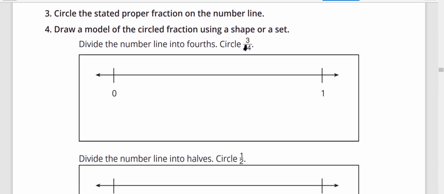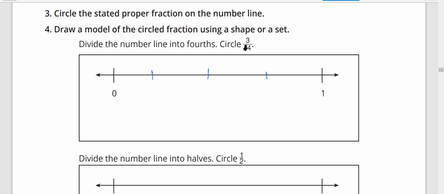First, divide the number line into fourths. So we can divide this number line into 4 equal parts like this. Divide the number line into halves, and the first half divided into halves and the second half divided into halves.